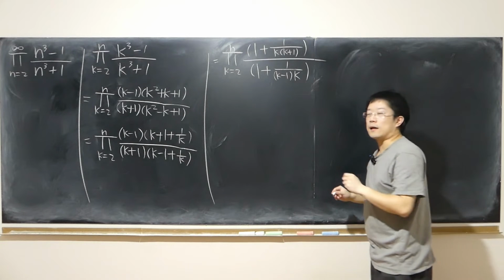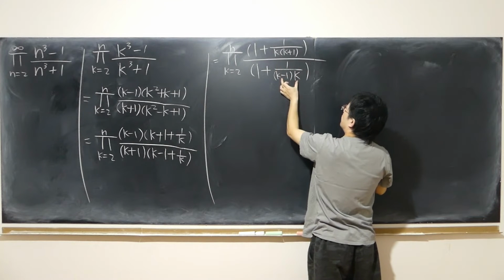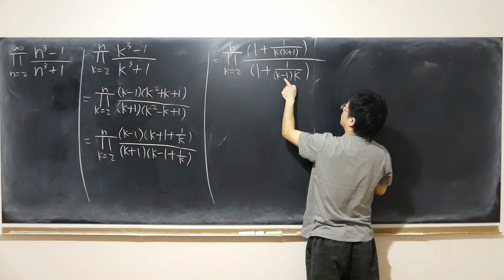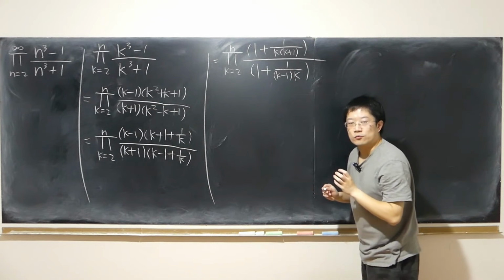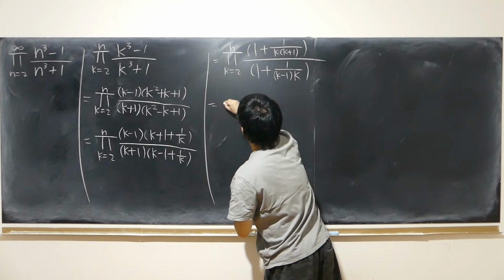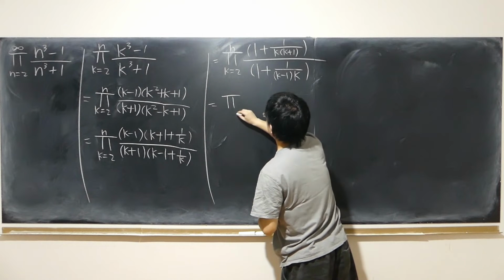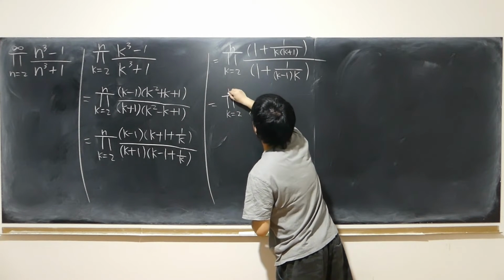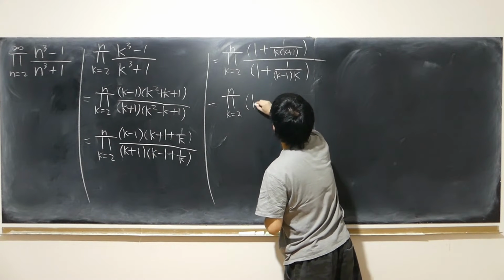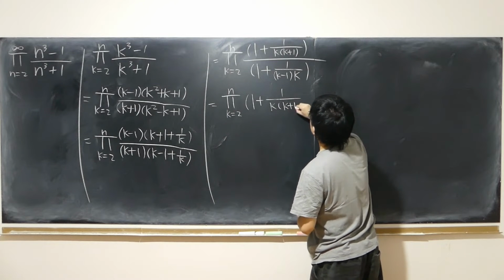So here, notice that these two factors only differ by 1. K minus 1 and k only differ by 1. K and k plus 1 only differ by 1. So here we're going to use the reindex technique. First of all, on the top I have this, k plus 1.